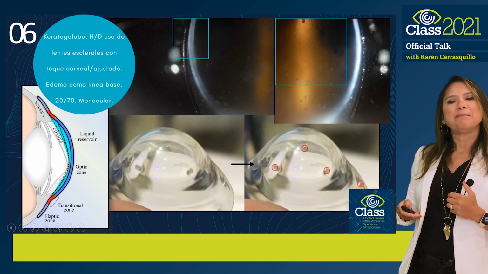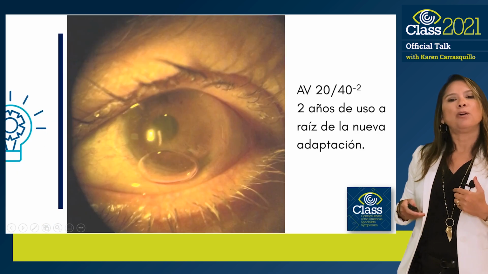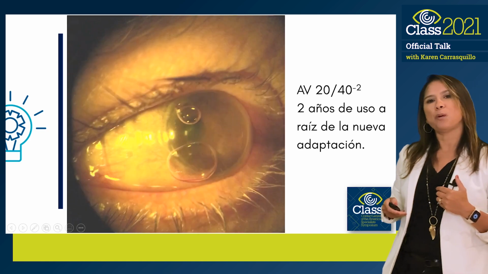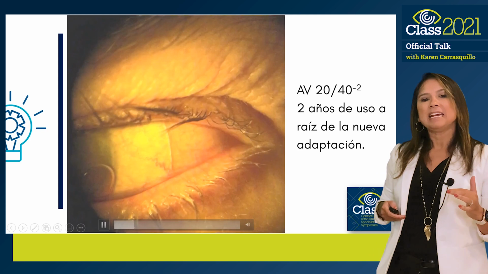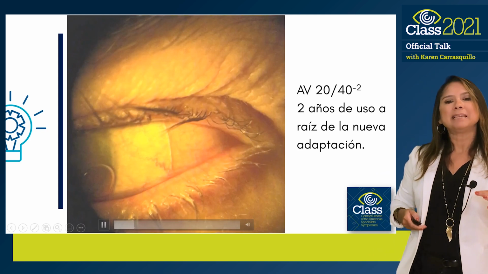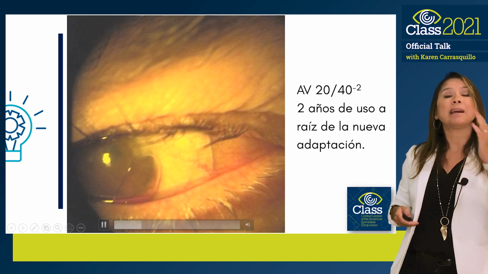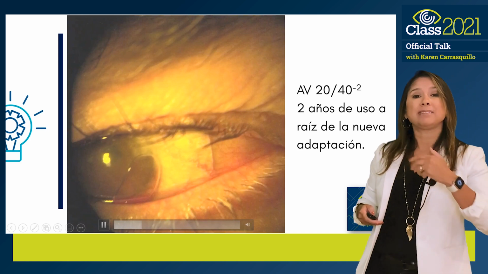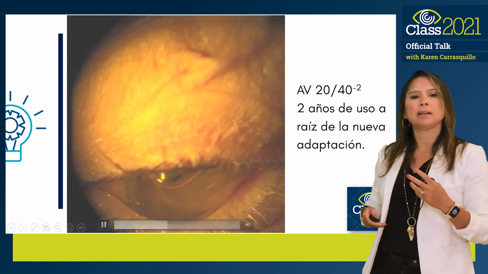And we can see that with this strategy we managed to stabilize the vision at 20/40, where we no longer have edema because we are minimizing the suction, and where we can really keep the bubble on the periphery. And we want that bubble to be free, to move, because if it does not move, it can cause corneal damage. So we want to avoid this.